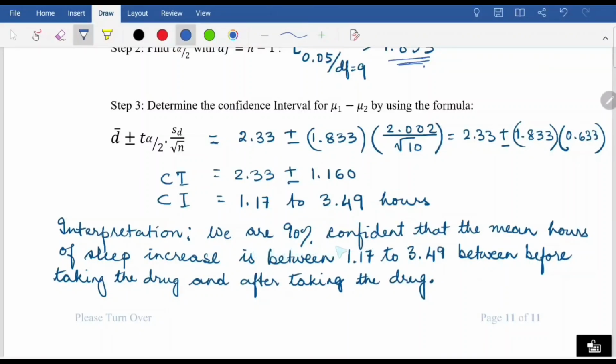We are 90% confident that the mean hours of sleep increase is between 1.17 and 3.49 hours. Let's make it more precise: before taking the drug and after taking the drug.